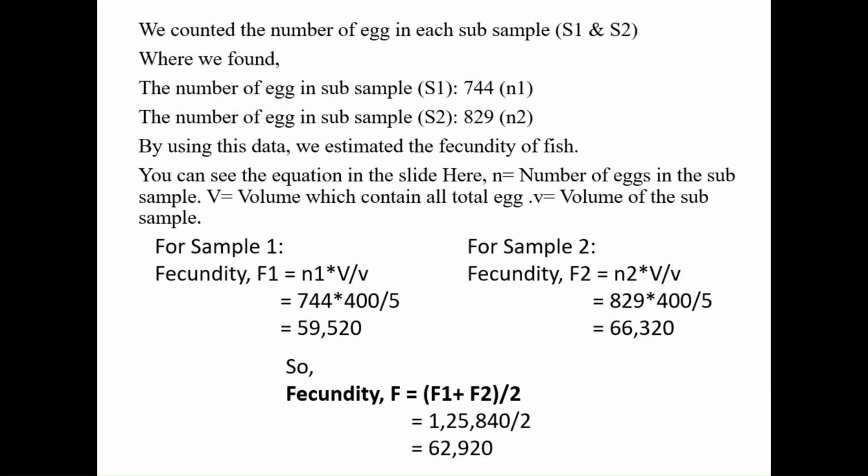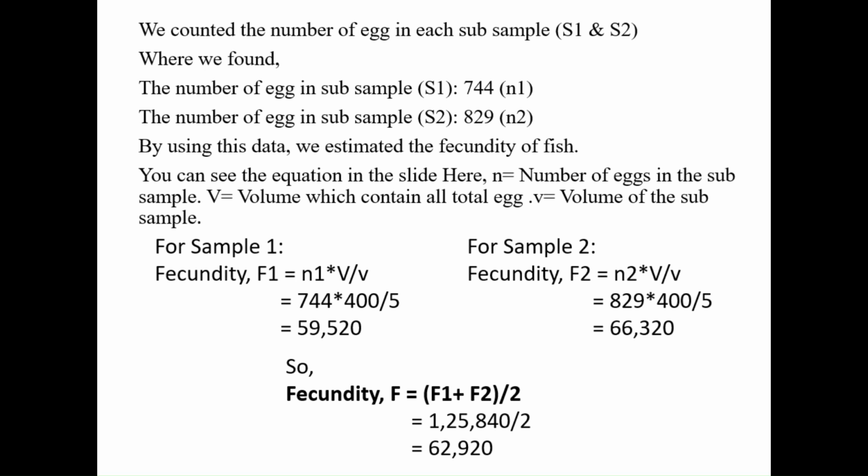You can see the equation in the slide here, where N is denoted as the number of eggs in the subsample, capital V is denoted as the volume which contains all total eggs, and small v is denoted as the volume of the subsample.